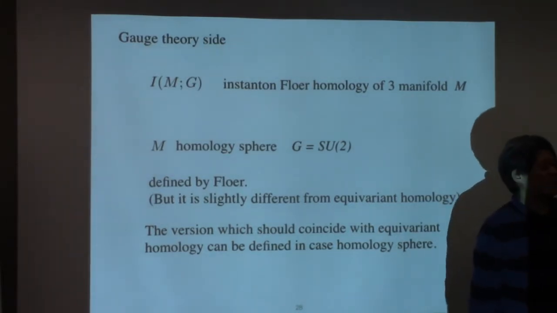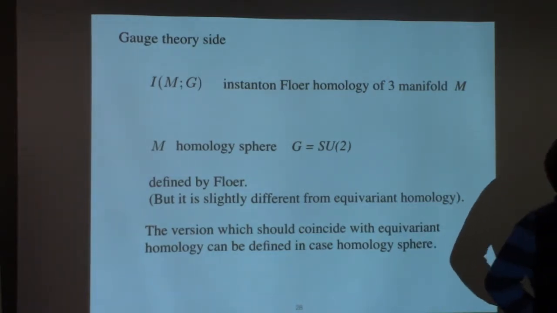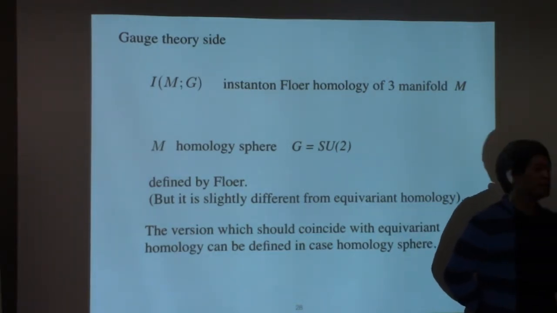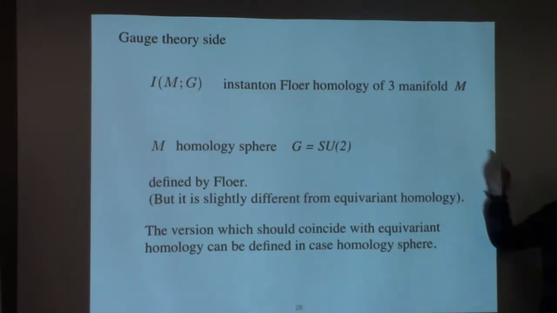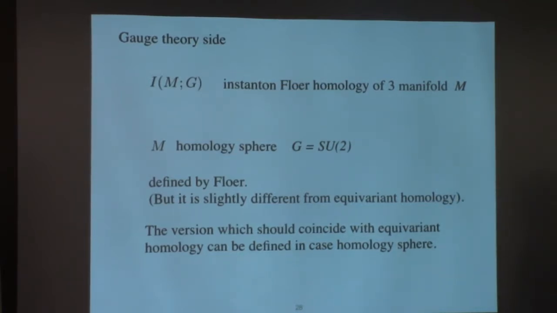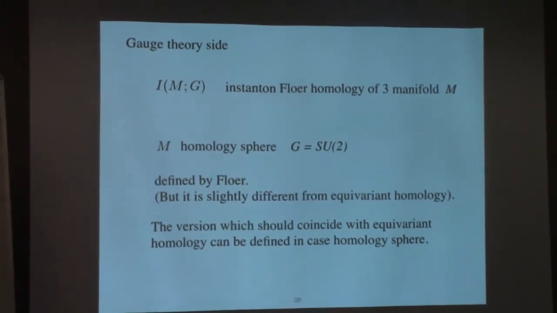Ancient times. But what Floer did is a bit different from equivariant homology, because in Floer's case he just threw away the trivial bundle, the fixed point. But you can include the fixed point in the usual way as equivariant homology people do, and that pattern should work. So in the case of homology spheres and SU2, we may expect that equivariant Floer homology is defined. I think it is already defined, but I don't remember so precisely.